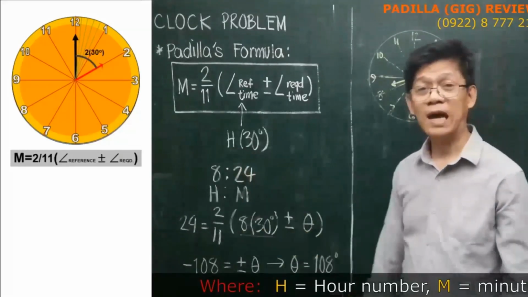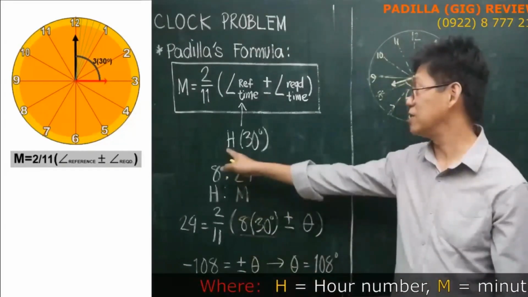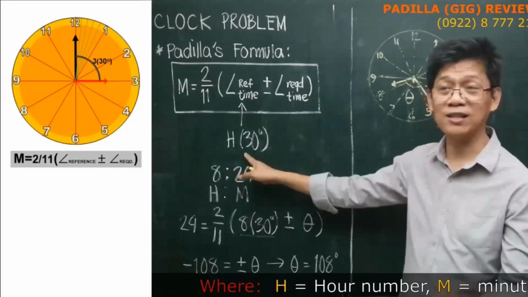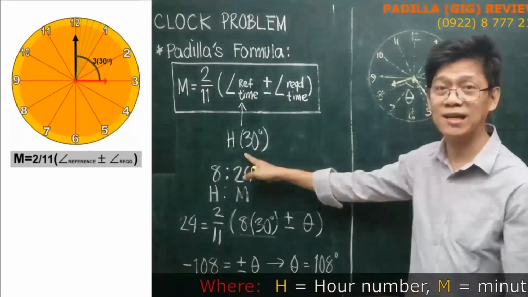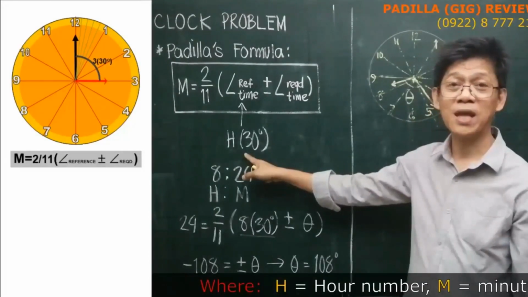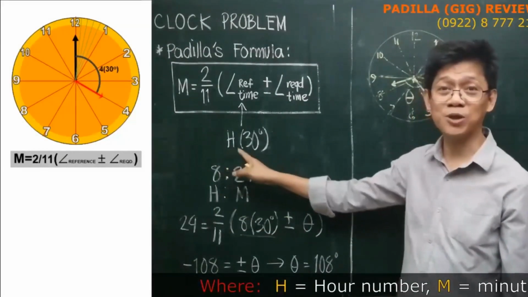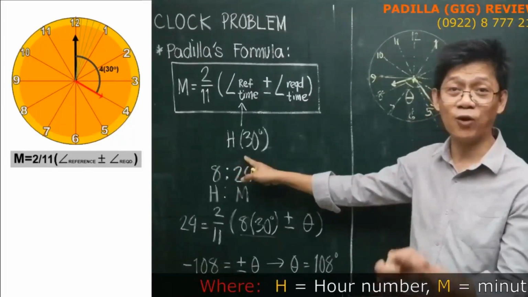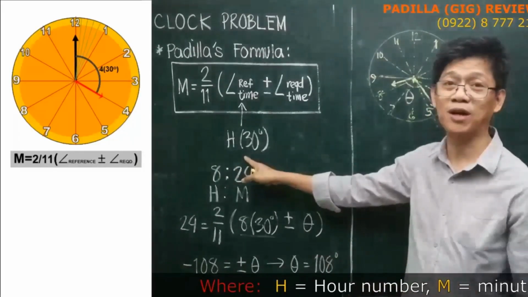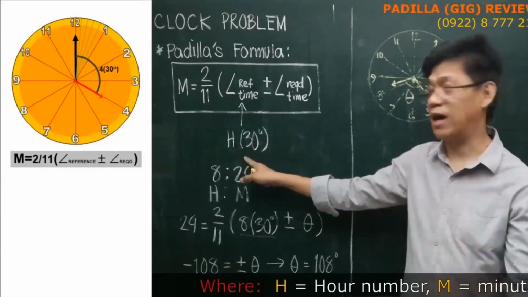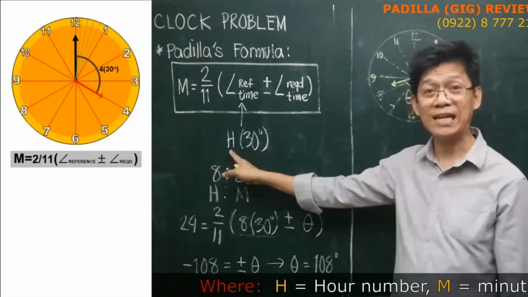2 times 30. At 3 o'clock, H is 3. Times 30, 90. At 3 o'clock, the angle between the hands of the clock is 90 degrees. At 4 o'clock, H is 4. Times 30, 120. At 4 o'clock, the angle between the hands of the clock is 120 degrees. At 10 o'clock, H is 10.